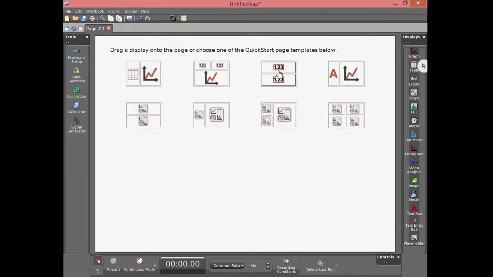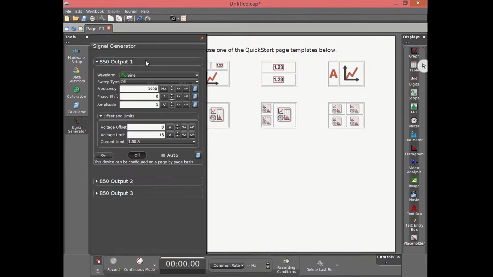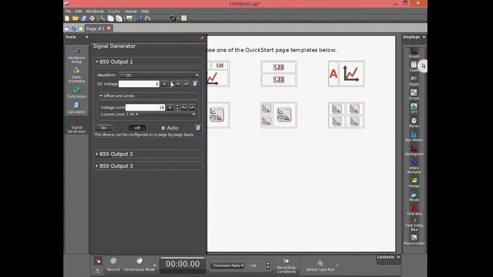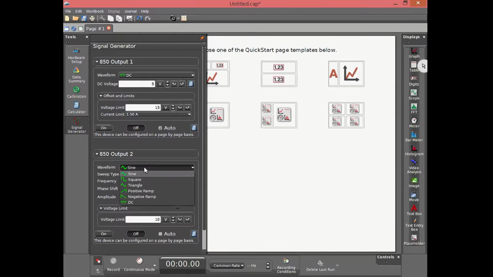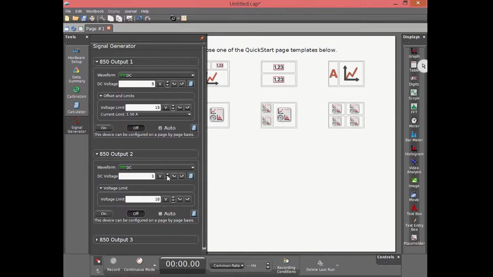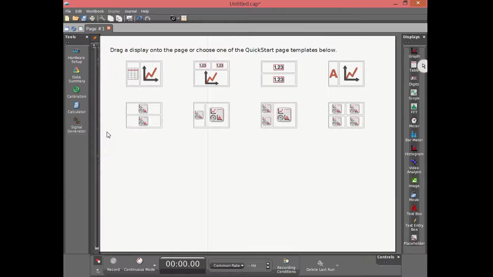To set up the program for this experiment, we will open the signal generator, set output 1 to a DC power supply, and set its voltage to 5 volts. Then don't forget to check the automatic mode. And then for output number 2, we want this to be a DC of 6 volts, automatic.